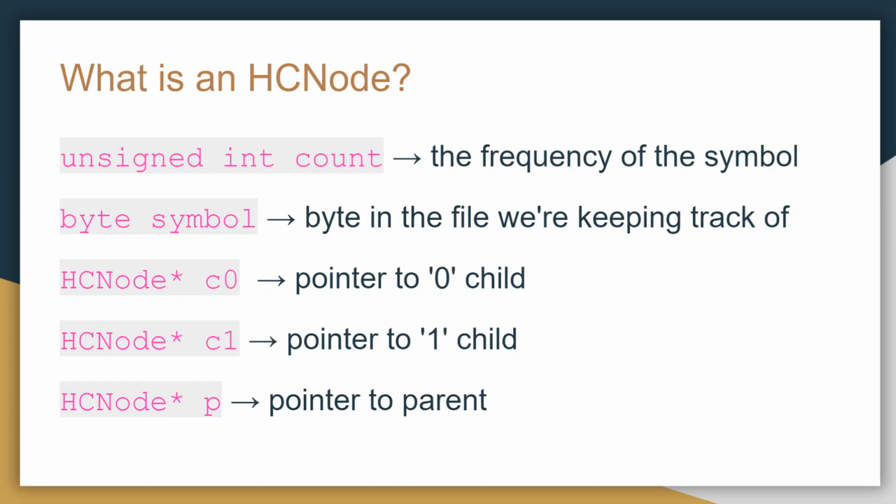So C0, you can think of it as having an edge going into it with a 0 on that edge, and C1, you can think of it as having a 1. So they're kind of equivalent to a left and right child. We're just labeling them as C0 and C1, which corresponds to what those edges represent for our encoding. And then we have the parent, so a pointer to the parent HC node.